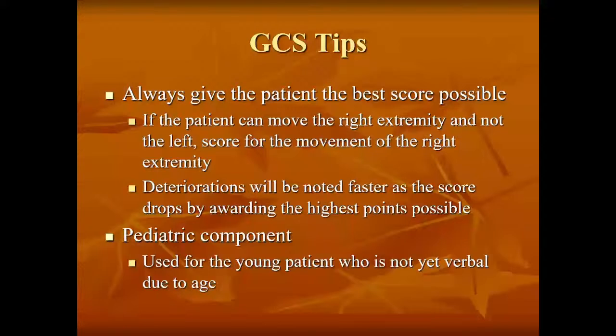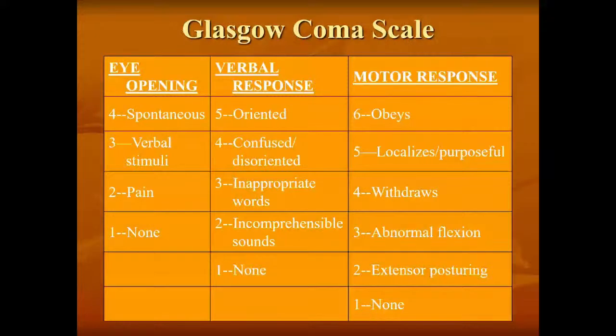Then the pediatric component too, this is hard because a lot of times they're not verbal, so getting that accurate verbal response can be difficult, but we'll talk about that real quick. We all know this, E-V-M, 4-5-6, your eye-opening, verbal response, motor response. I think when I first started doing it, the verbal response and the motor response were a little bit more difficult than eye-opening.